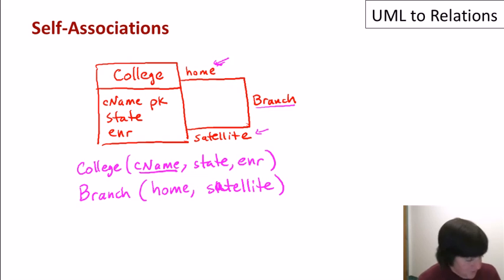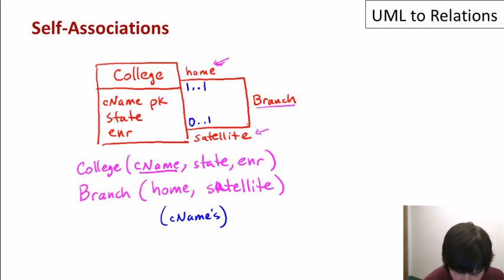Now these values here will be college names. That will be the domain that we're drawing from, but we're calling them home and satellite to distinguish their roles in the association. Now, what about keys? We said before that every satellite campus has exactly one home campus, so we write it that way, and that a home campus could have, I think we said something like 0 to 10 satellite campuses.